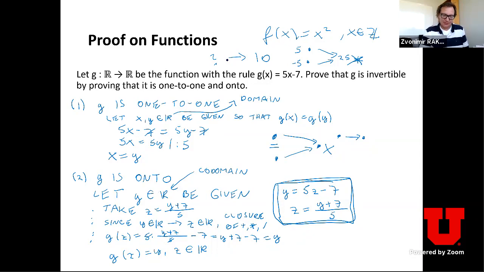So if you take this function f of x equals x squared and define it over integers so that it maps integers into integers, then this function is neither one-to-one nor onto. Okay, any other quick questions? That was a great question.